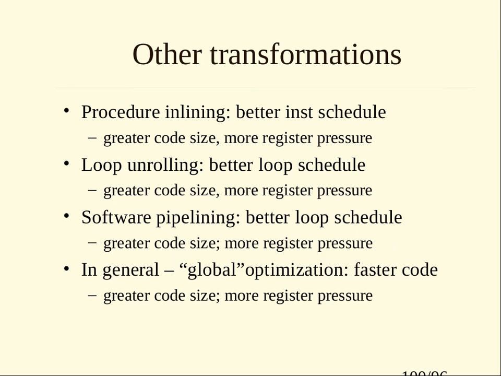For example, when Linux went from 32-bit to 64-bit, one of the big changes was that 32-bit x86 had 8 registers, and 64-bit x86 has 16 registers.